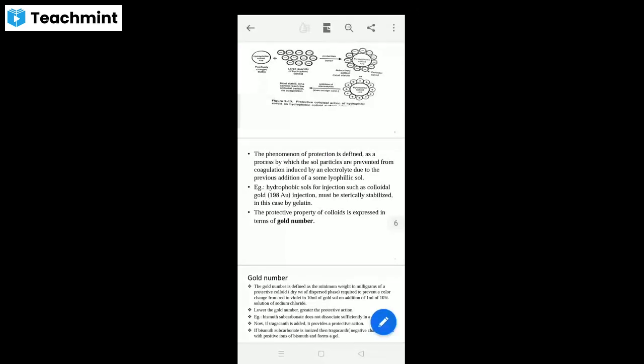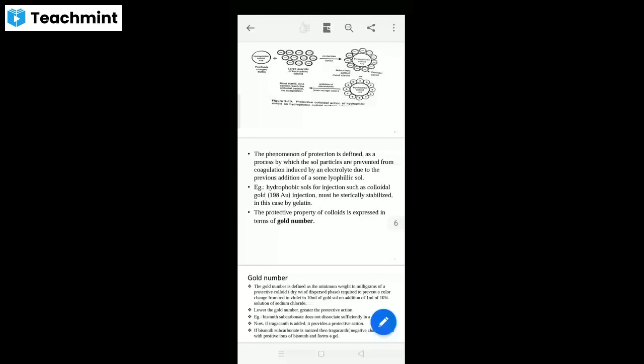I think you got the clear idea now. One more concept is going to come, which is gold number. This mechanism, who is doing it, who is responsible for it, and what we are getting, all the phases are very important to get clear over here. Otherwise, surely you will get confused in gold number.